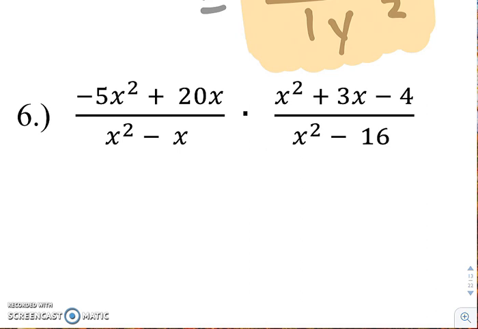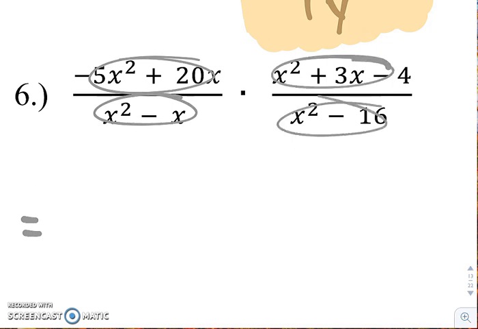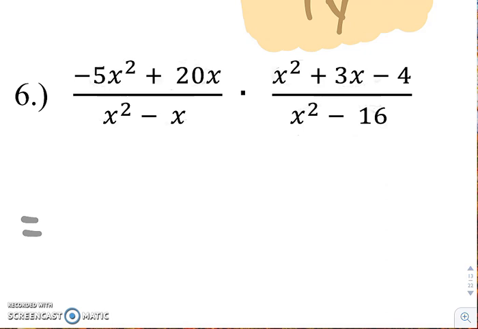The same idea here: we are going to factor the tops and bottoms of all of our fractions. Starting with the top one, negative 5x squared plus 20x, does anything go into 5 and 20? Yes, 5. Because your first term is negative, I'm going to factor out a negative. I like that first term to be positive.